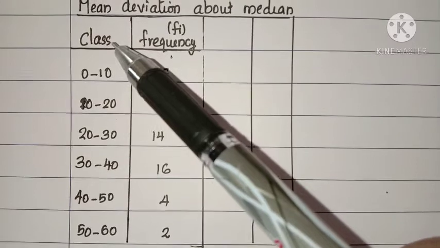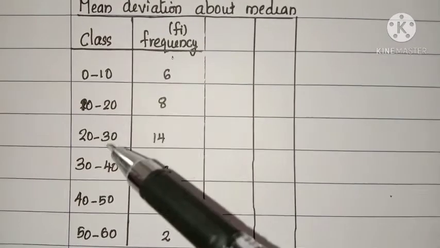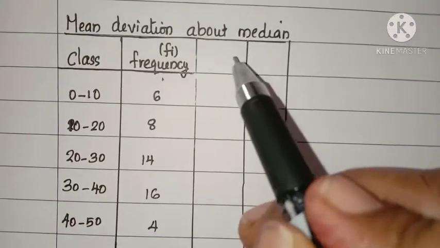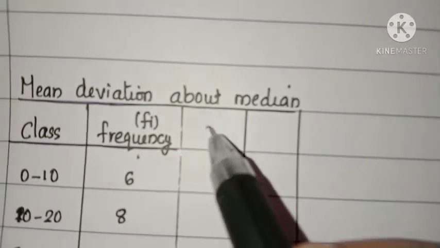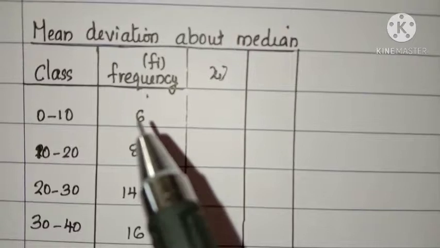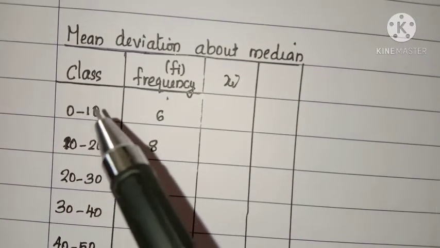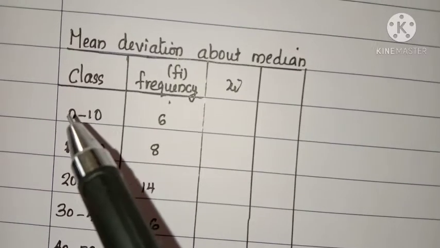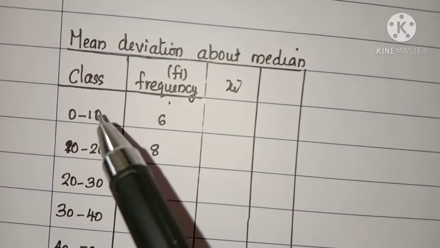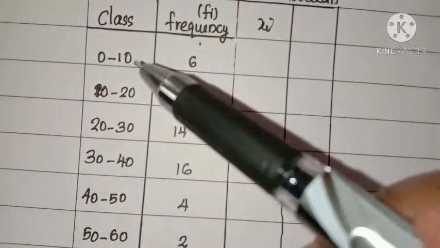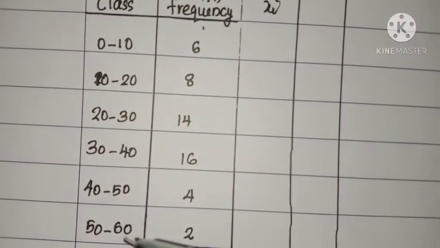So if the data carries class intervals, we have to find values, that is xi. And xi values are obtained by the average of the limits, lower limit and upper limit, or consider the midpoint of each and every class interval given.